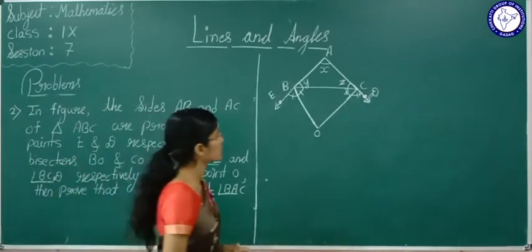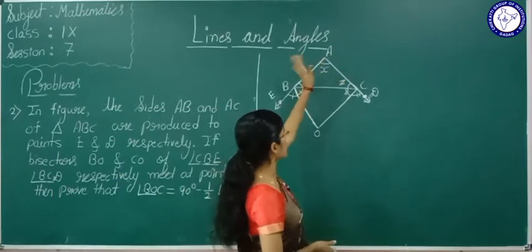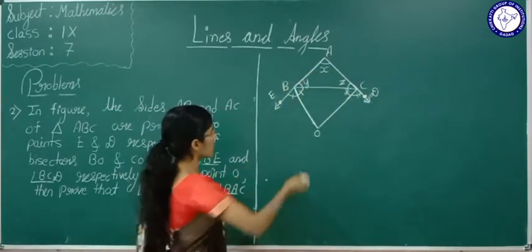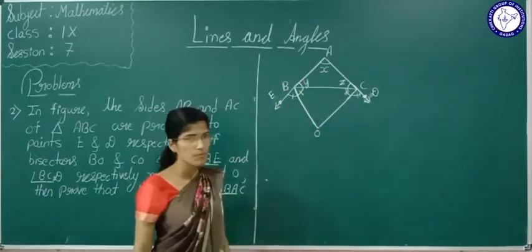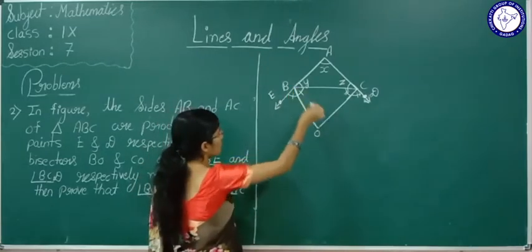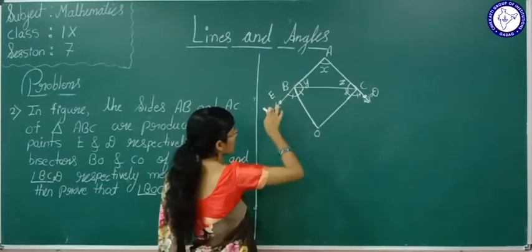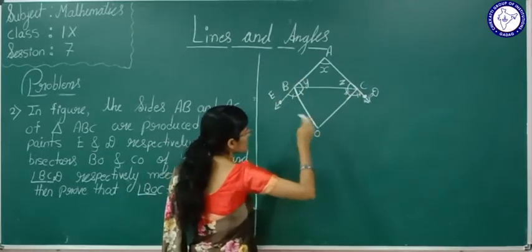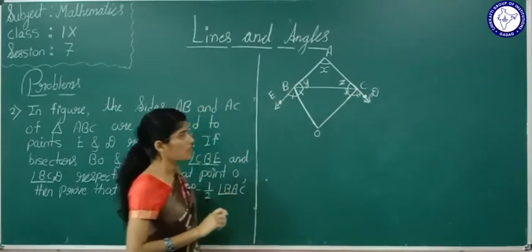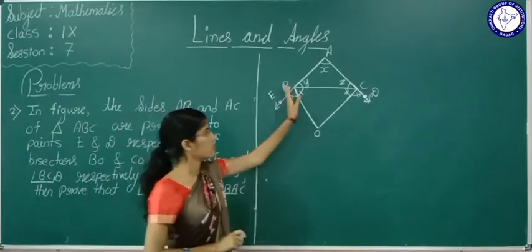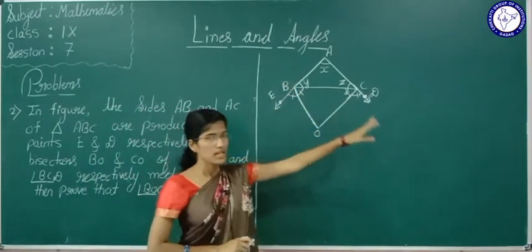So what is given here? Sides AB and AC are produced to points E and D respectively. BO is the angle bisector of angle CBE and CO is the angle bisector of BCD.